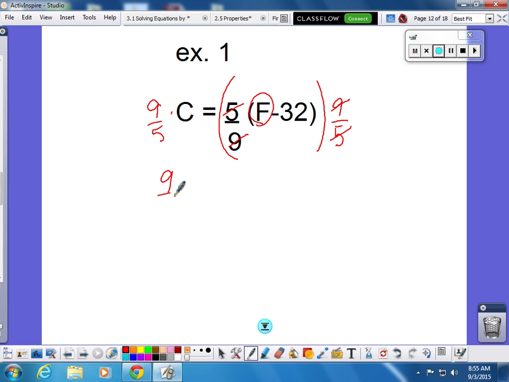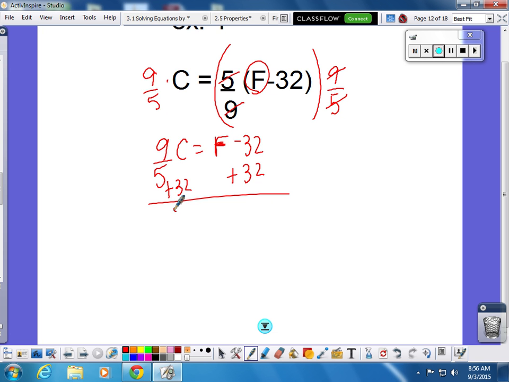So here I have 9/5 times Celsius is equal to the Fahrenheit minus 32. I just made that significantly easier. Now how will I get F by itself? Add 32 to both sides. So 9/5 of the Celsius plus 32 would be equal to the Fahrenheit.